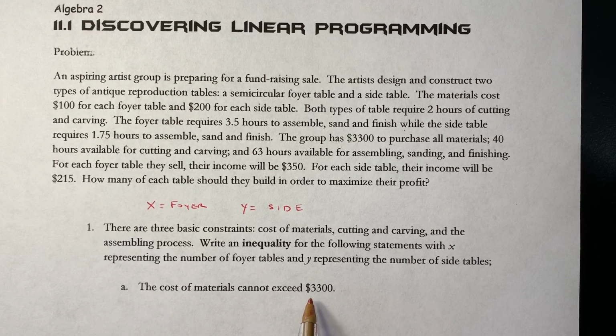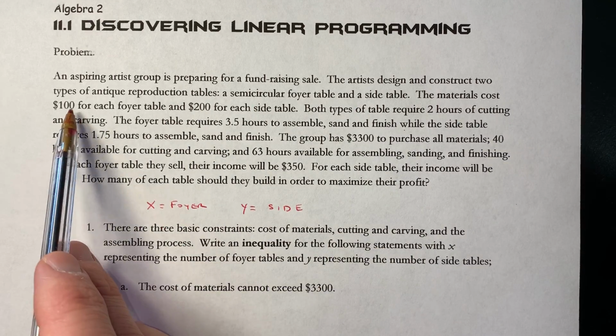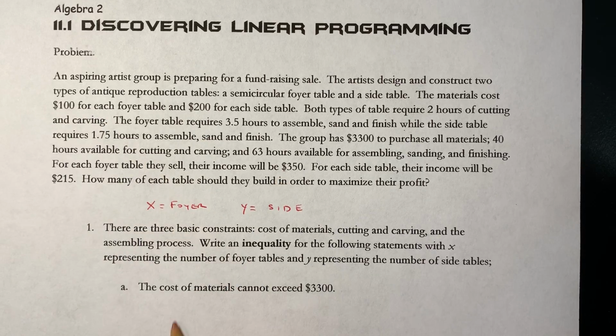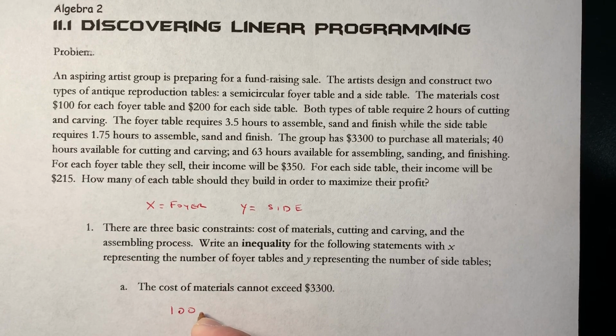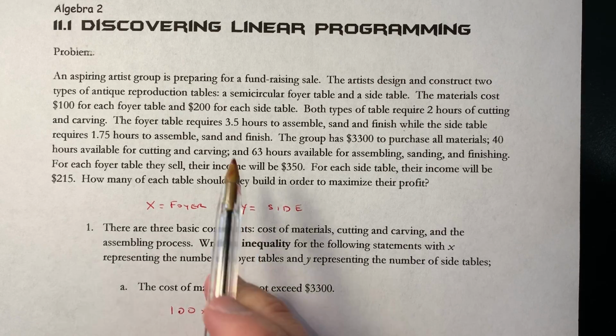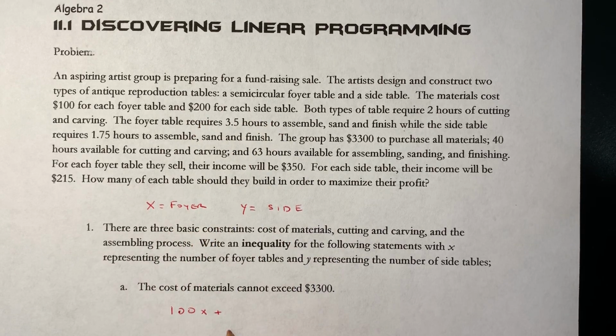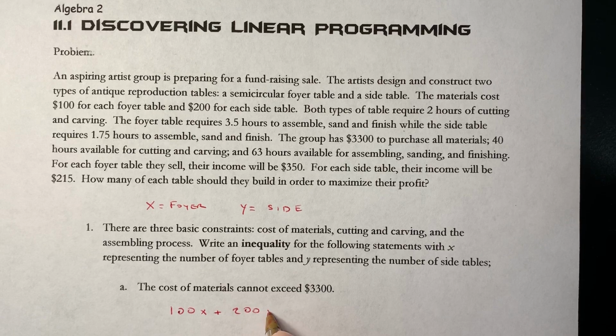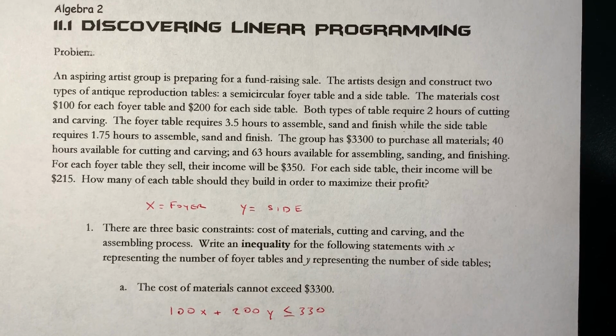So for materials, for a foyer table is $100. So that's $100 per foyer table, plus $200 for each side table. And that cannot exceed $3,300, so it has to be less than or equal to $3,300.